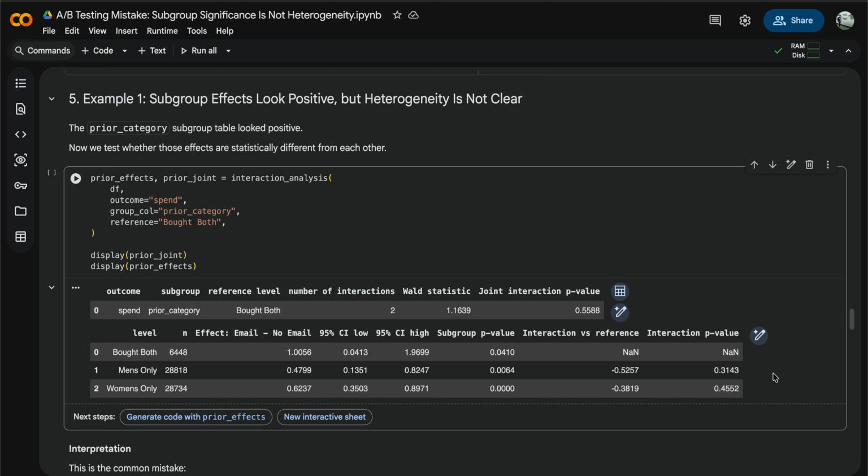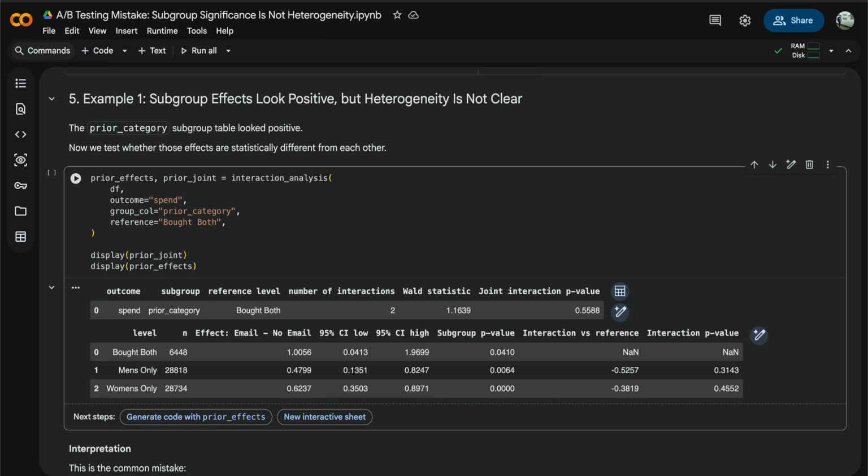This means that if there were truly no difference in the email lift between men only versus both customers, we would expect to see a difference this large or larger about 31% of the time due to random sampling noise.